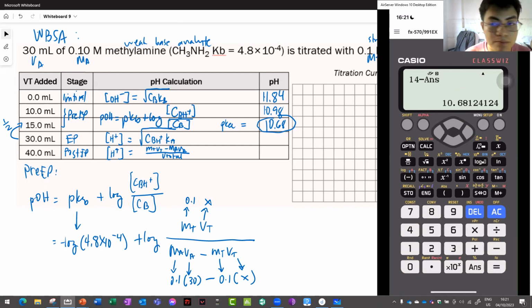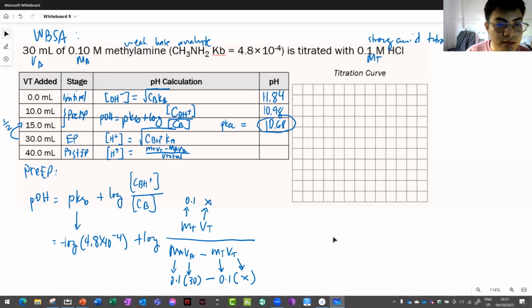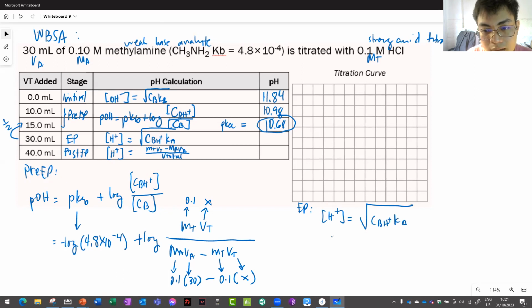Okay, then let's proceed to the endpoint. Okay. So, the equivalence point, 30 ml. Dito na lang. Equivalence point, the square root of H plus equal to the square root of concentration of the conjugate acid times Ka.